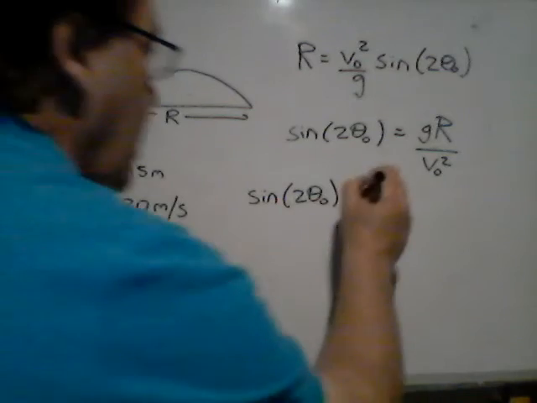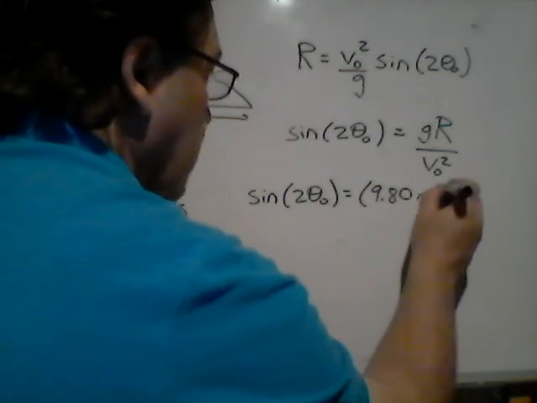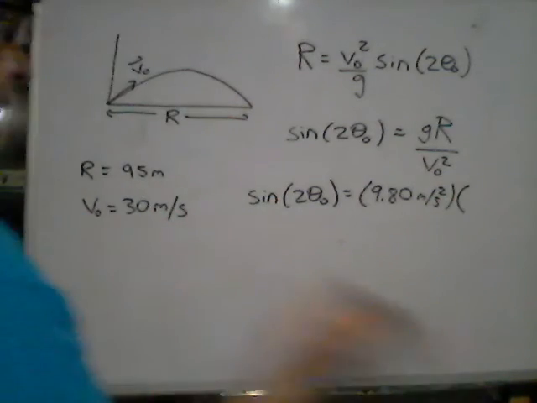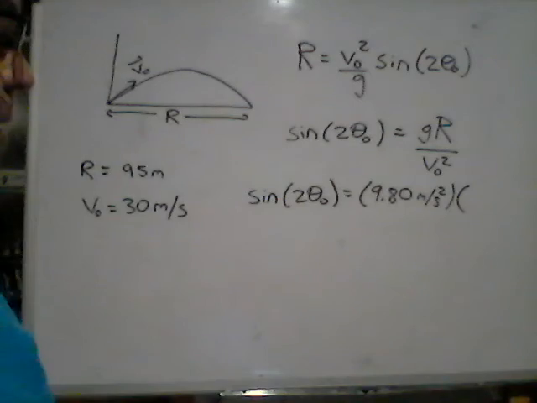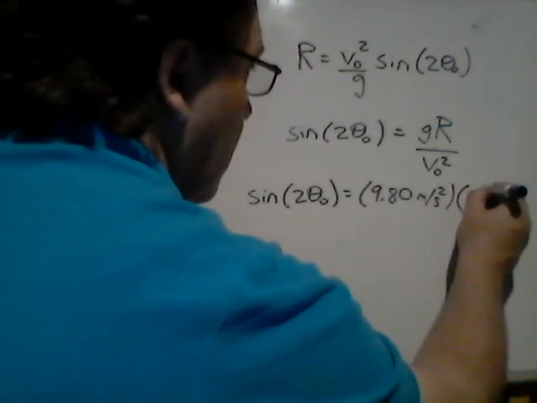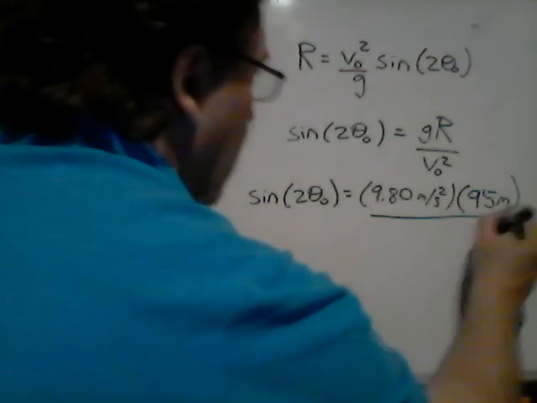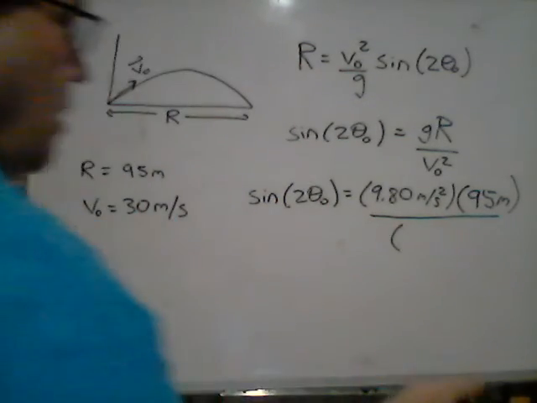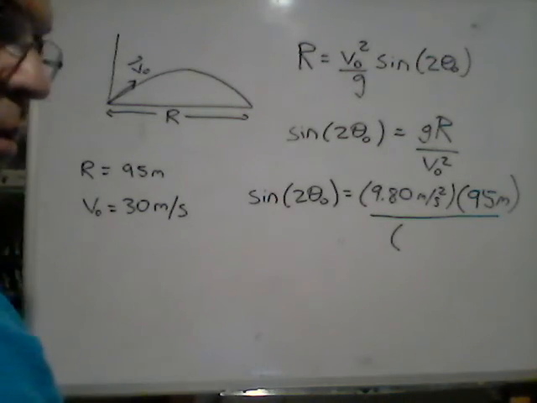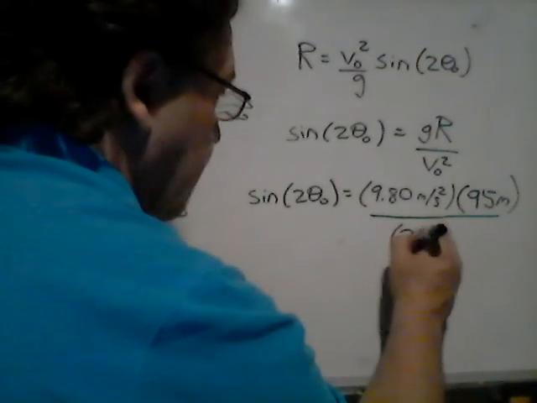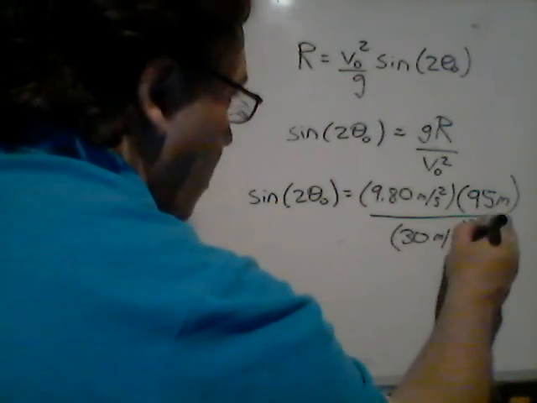Let's see, G is 9.80 meters per second squared. We're told that the range at which the soccer player needs to be able to kick the ball is 95 meters. And we're going to divide by the speed which he or she can impart to the soccer ball, which is 30 meters per second, and I need to be sure to square that.